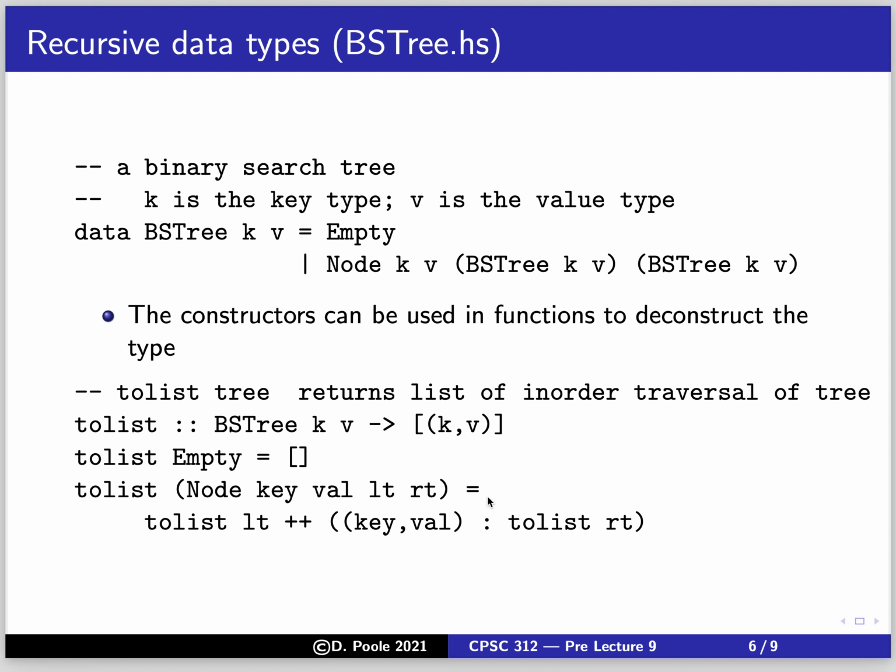So that's the right tree. Okay, so this is how we're going to convert a binary search tree into a list. And notice it's very common here. We're just going to do the case analysis. There are 2 types of binary search tree. It's either empty or it's of this form. And when we write it like that, it actually assigns key to the key position, val to the second position, lt to the third argument, and rt to the fourth argument. Okay, so that's how we're going to do this.